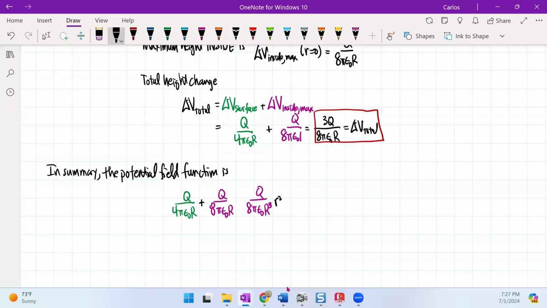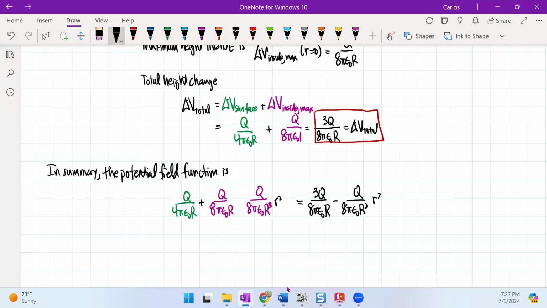If I add those two terms together, what I'm really getting is 3Q over 8 pi epsilon r minus Q r squared over 8 pi epsilon r cubed.